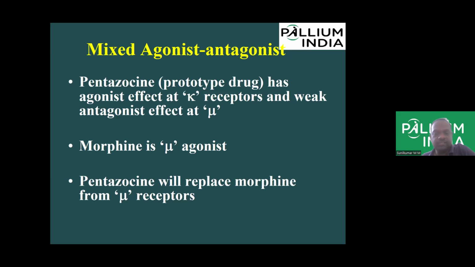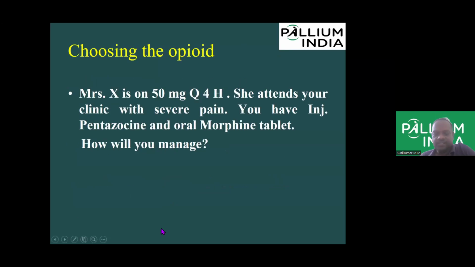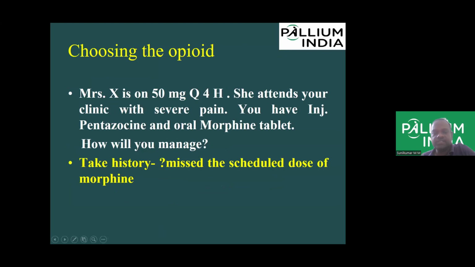Okay, so this is what is going to happen, and you have to understand that those opioids which act on mu receptors are potent opioids. If you look at fentanyl, morphine, methadone, all of them act on mu receptors as agonists. Okay, so in this patient, you should not give injection pentazocine.